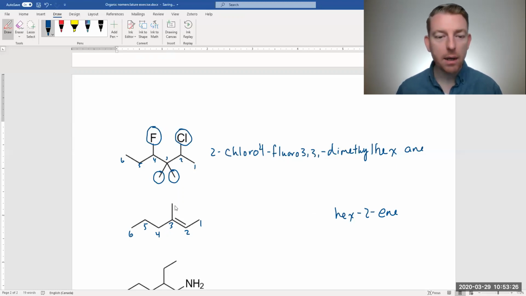And we have one side group, the methyl group, and it's on carbon number 3, so this will be a 3-methylhexene. But we have to identify whether this methyl group is on the same side as where we started or the different side. And here it can be maybe not obvious.